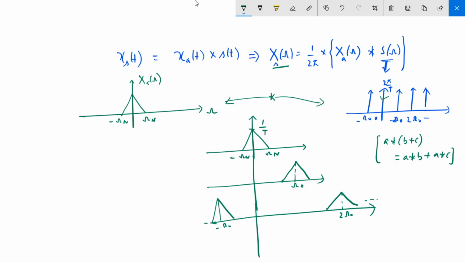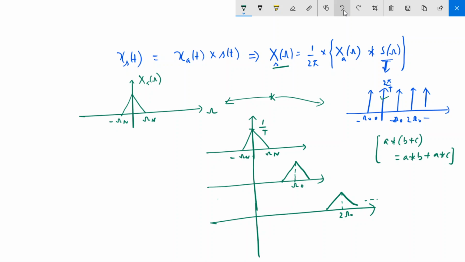This will be a different graph, not on the same graph. So finally you have to add all these spectrums together.